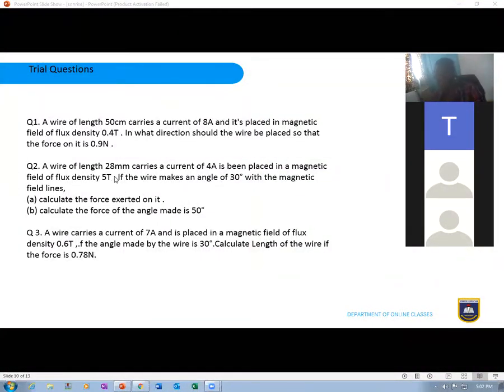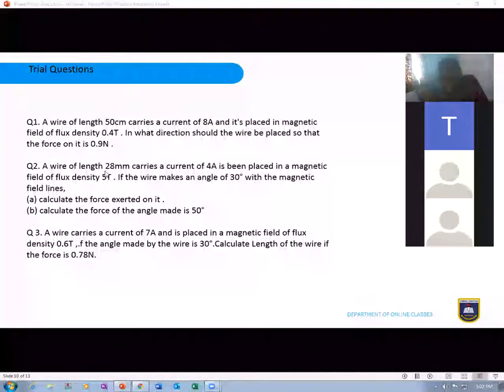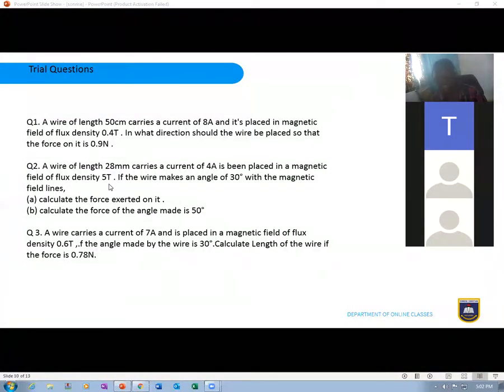Those who didn't get it, the formula is BIL sine theta. B is 5 and I is 4, so 5 times 4 times L. L is in millimeters, so we have to change it to meters: 28 times 10 raised to the power -3.